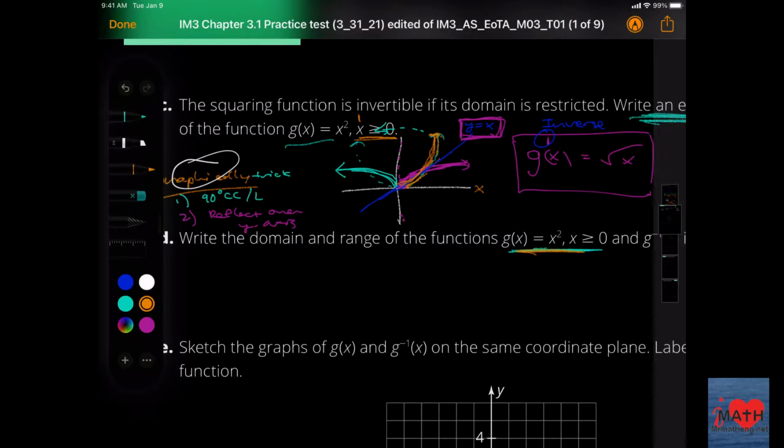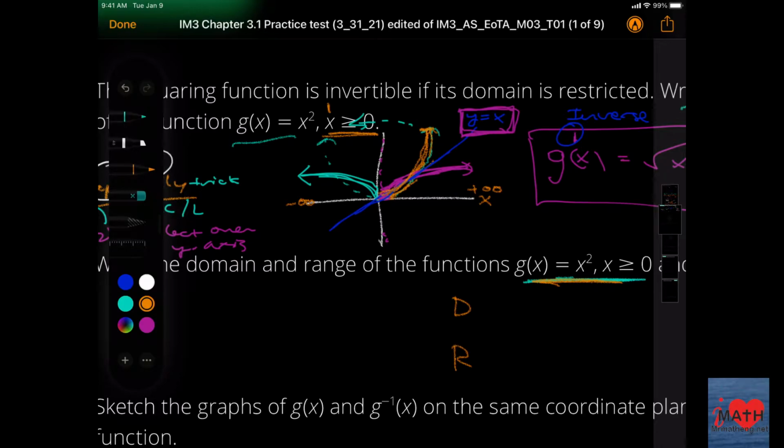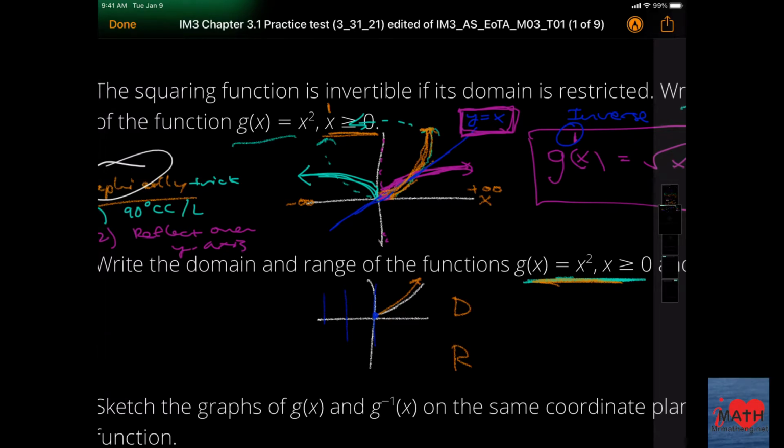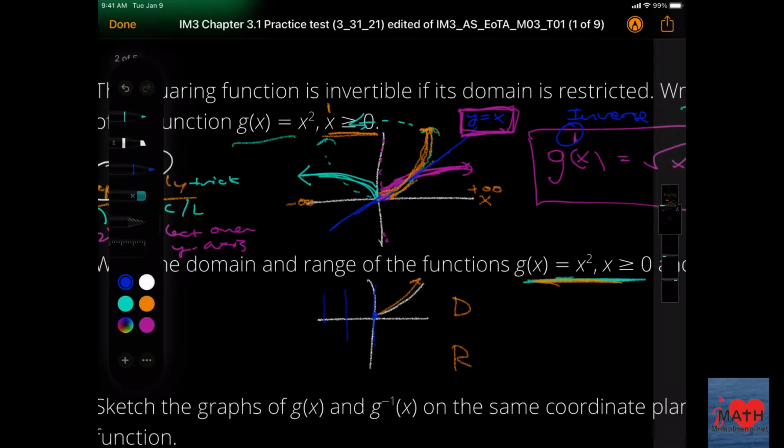So the domain for this one, if you're going from left to right, from negative infinity to positive infinity, and the graph's already messy. Let's create a different one. The graph looks like, well, orange. And the graph on the x-axis is not starting until right here, which is 0.